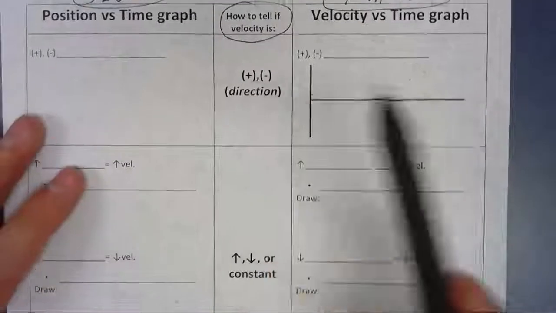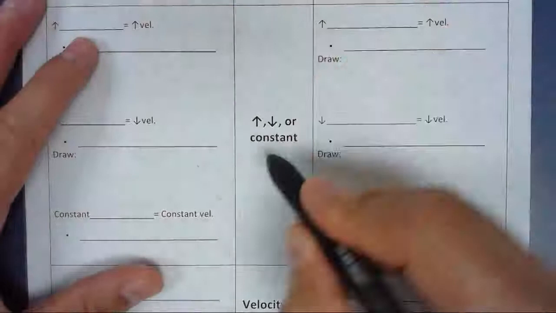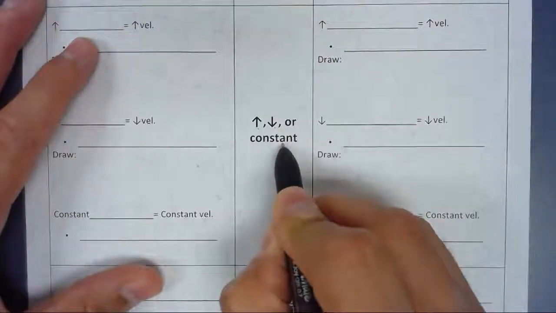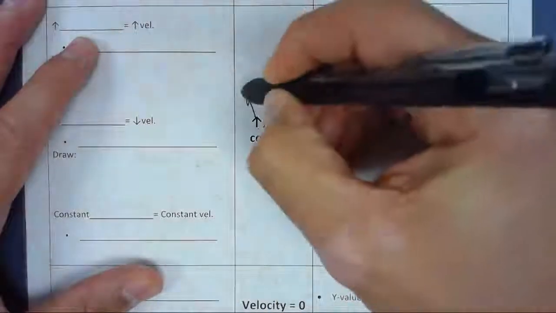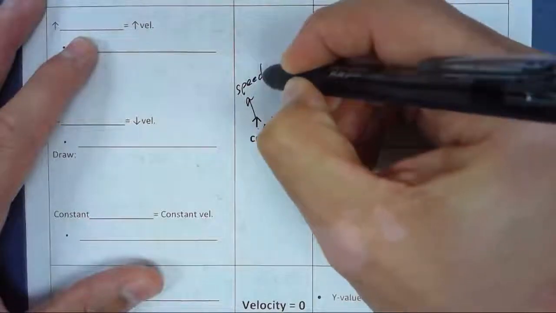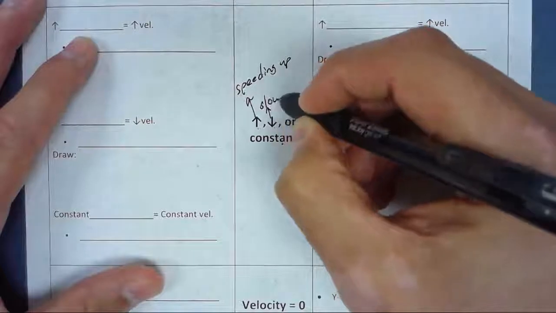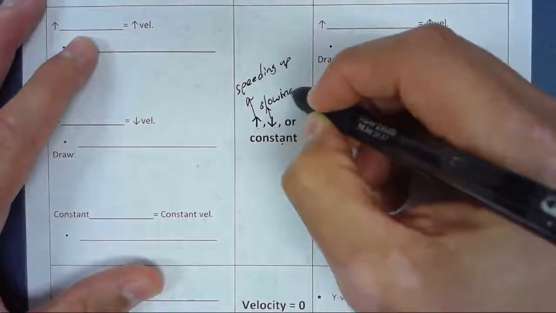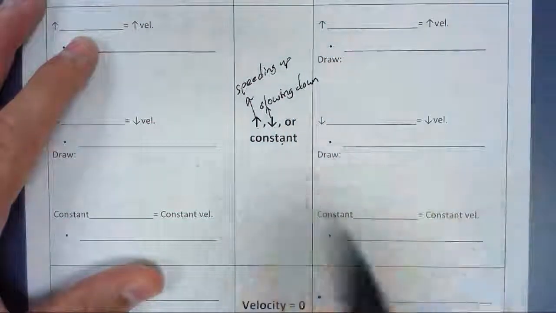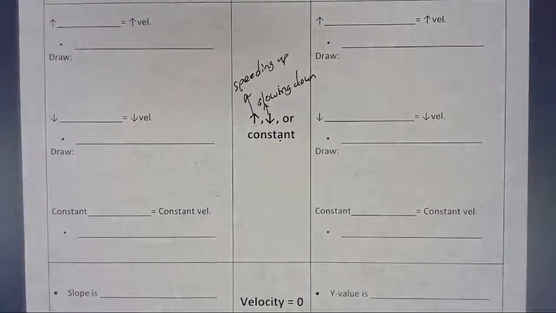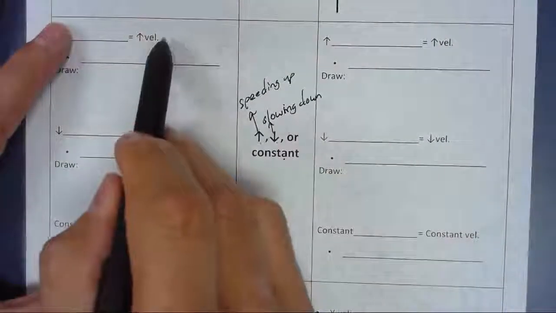That's the direction of the velocity. How to tell if the velocity is increasing, decreasing, or constant, staying the same. And you might want to write that this basically means speeding up. This basically means slowing down, and of course constant speed is constant speed. You might also want to write these two words in here.